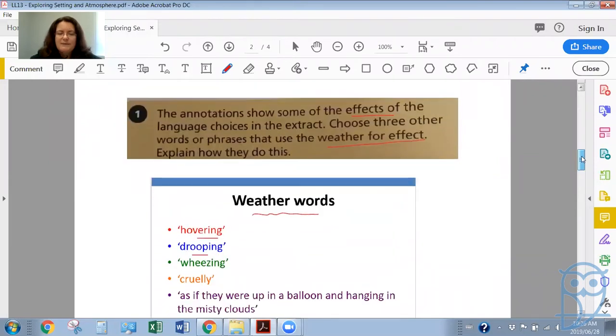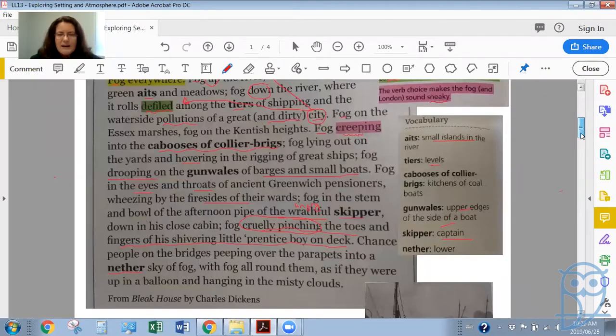All right, what about "wheezing"? We did look at that, but let's have another closer look. Fog in the eyes and throats of ancient Greenwich pensioners. So this is definitely the elderly that are being referred to here. Ancient Greenwich pensioners wheezing by the firesides of their wards. This shows us, as we have discussed, the effect of the weather.